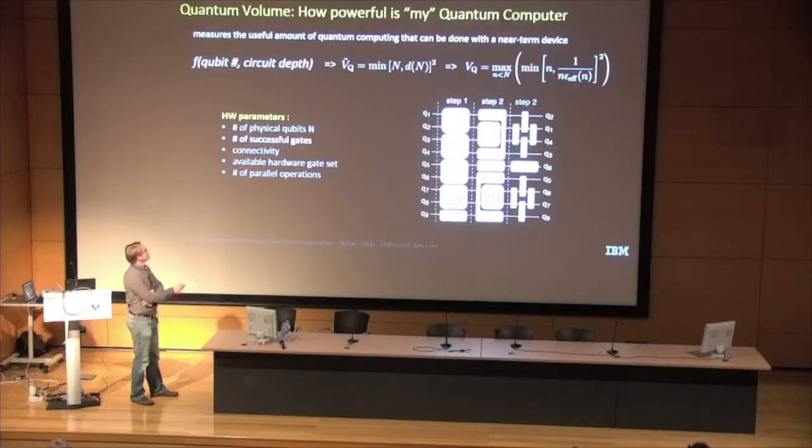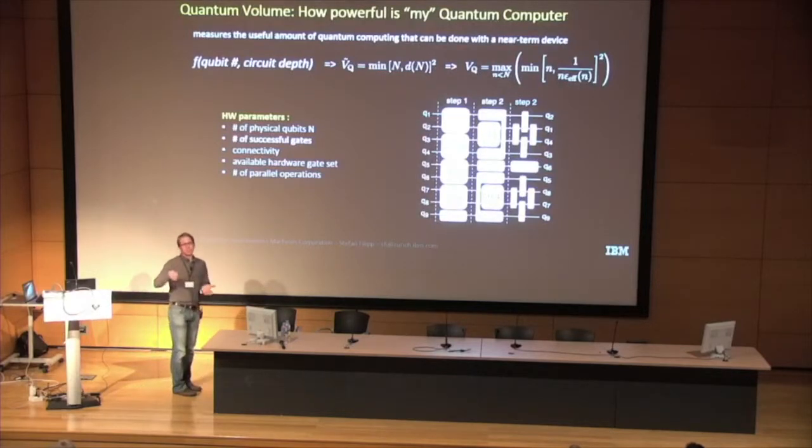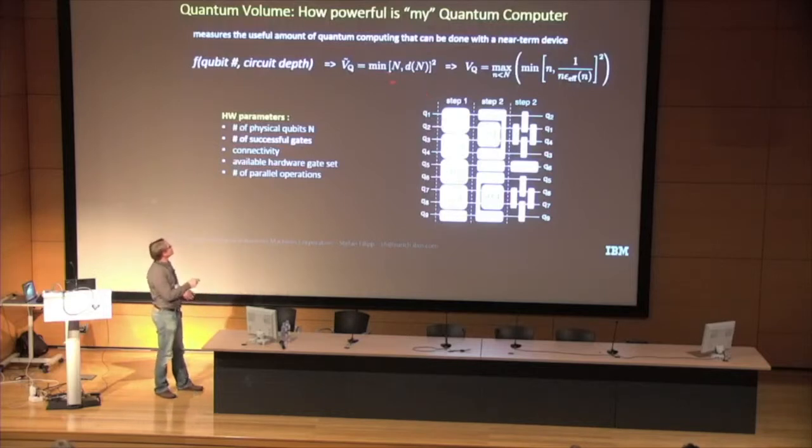And the details are probably not fixed yet, but it becomes quite clear that it has to incorporate both the number of qubits and also the circuit depth. So meaning how many steps can I do in my algorithm before coherence is lost. And the function that one can use for characterizing this is the minimum over the number of qubits and the depth of the circuit. And why is that?